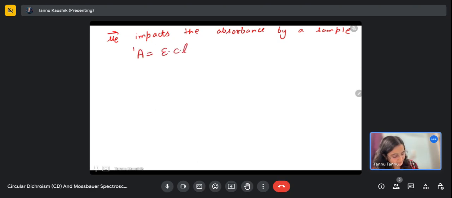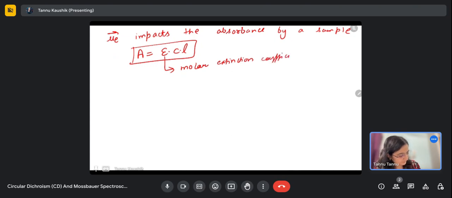If we write the Beer-Lambert law, epsilon is the molar extinction coefficient, an intrinsic molecular property. That is, for every sample this extinction coefficient will be different because of different oscillatory motions.